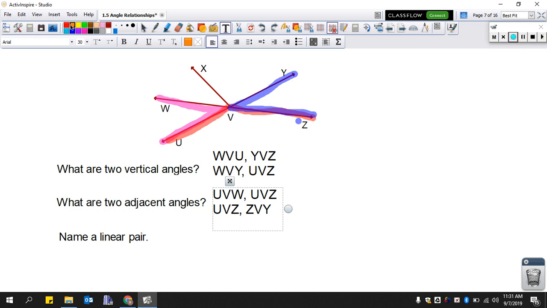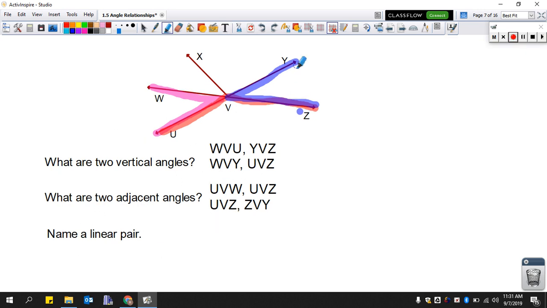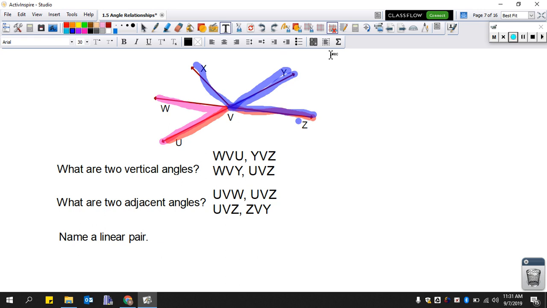Continuing that pattern of going around the figure, we can say YVX and ZVY. All right. So let me do a different color.